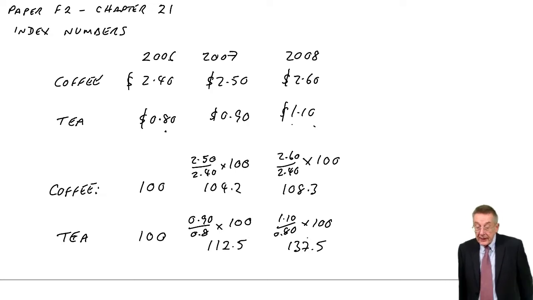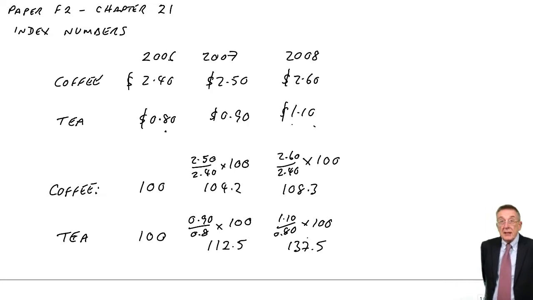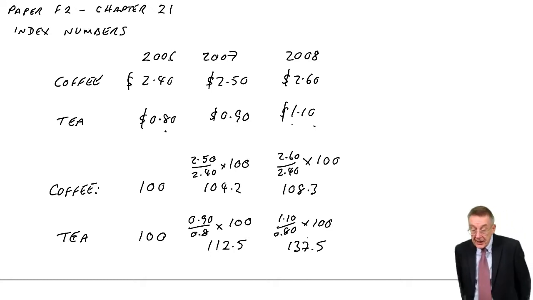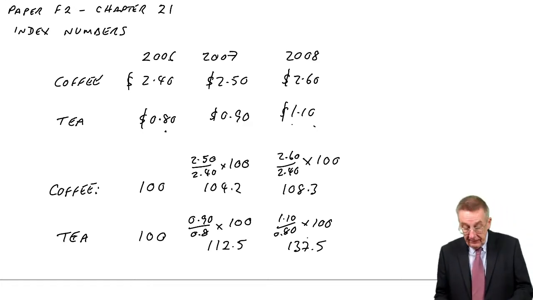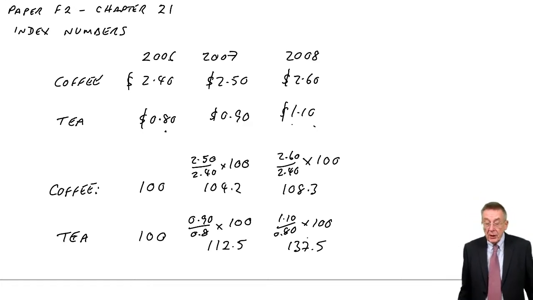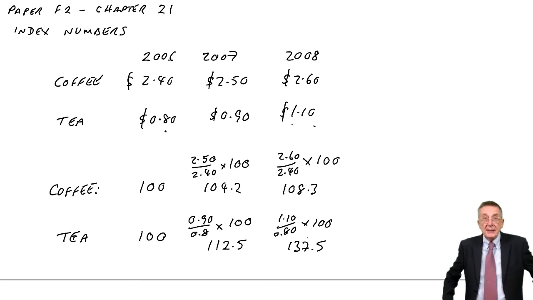It's just a lot more obvious. Looking at those index numbers, since they both start with 100, it's clear that tea has gone up massively more than coffee, which wasn't as obvious just by looking at the original figures, because you can't immediately compare $2.40 with 80 cents and so on.